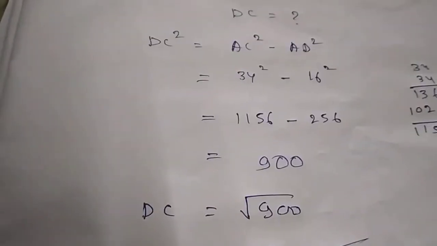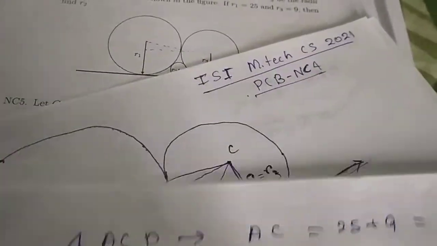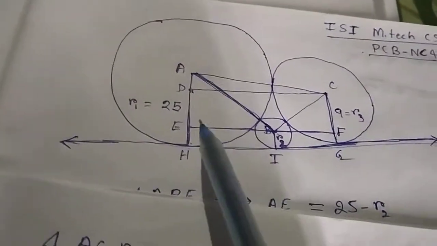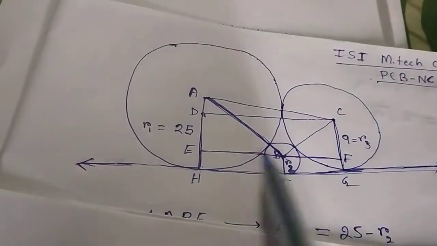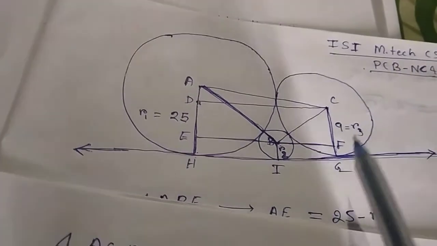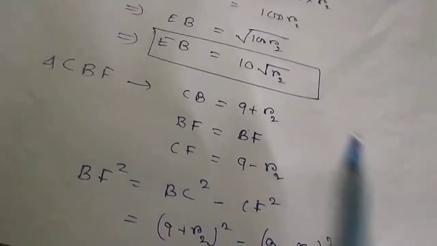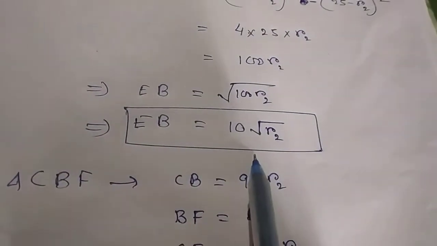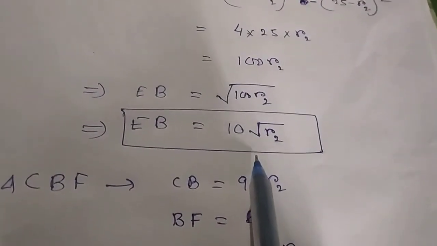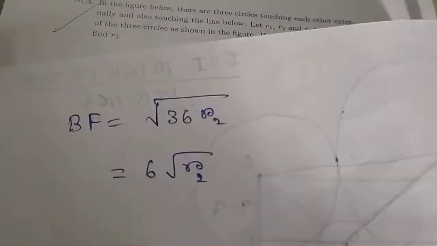Now what is DC? DC is nothing but the summation of EB and BF. EB we found is 10 root R2, and BF is 6 root R2.